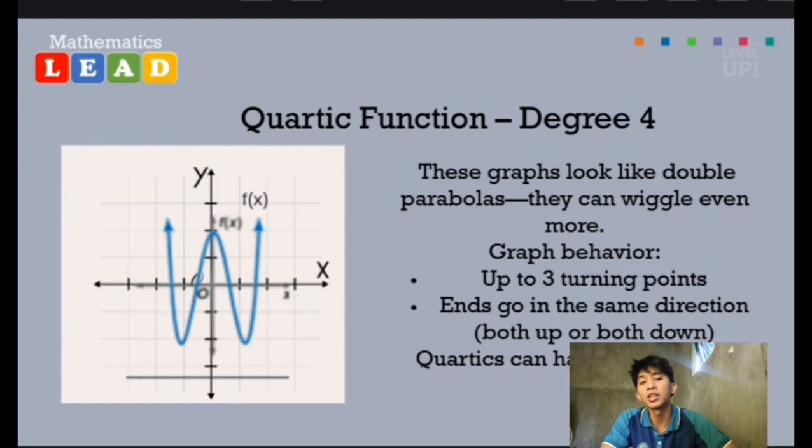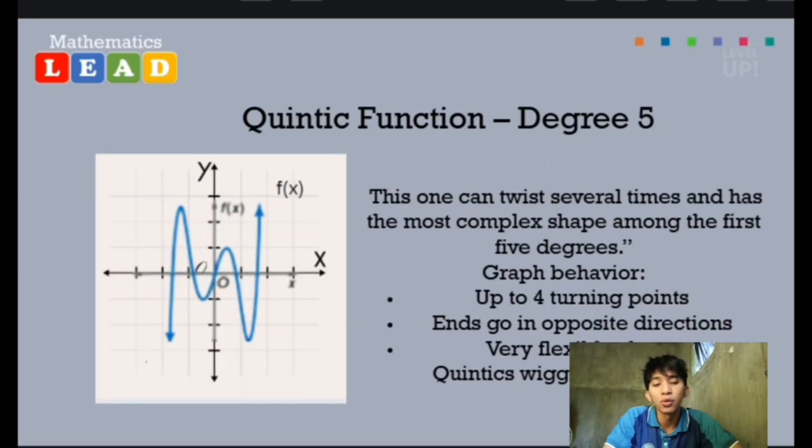Now, our activity will be to draw a simple rough sketch of a degree 1 function, a degree 3 function, and a degree 4 function. Then, we will label each graph with its degree. The first one is degree 1, linear.